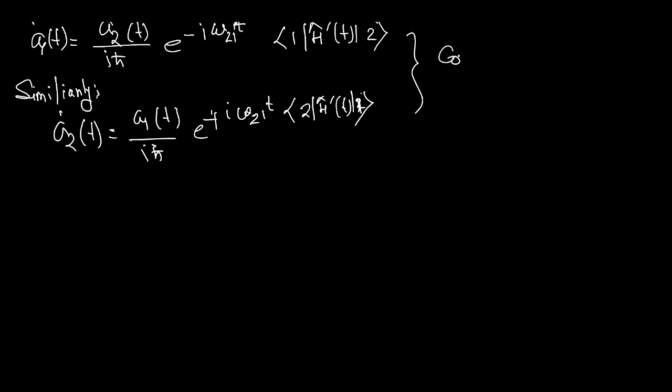So this is some coupled differential equation. The coefficient of a1 is dependent on the coefficient of a2. Similarly, the coefficient of state 2 is dependent on the coefficient of state 1. In the last lecture I showed you how to convert the coupled differential equation to only a single differential equation, and that can be used to solve other things in week 3 that you can watch.